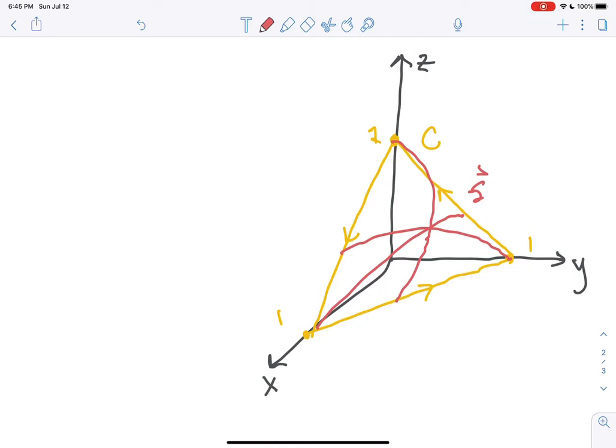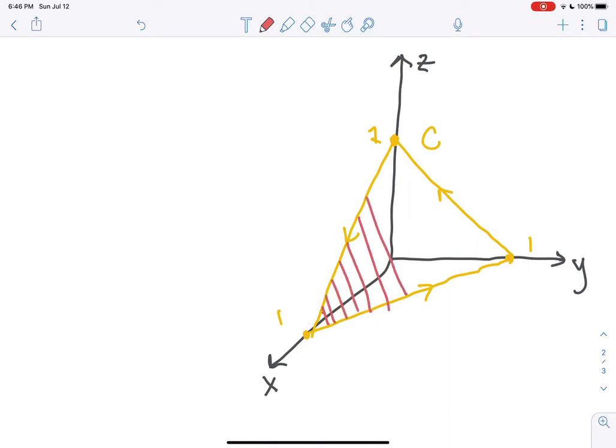But like I mentioned earlier, oftentimes the easiest surface to pick is just the plane that lies in the plane created by your curve. So really the S that we're going to pick is just the plane x plus y plus z equals 1. We're going to use this as the surface to do the surface integral on.